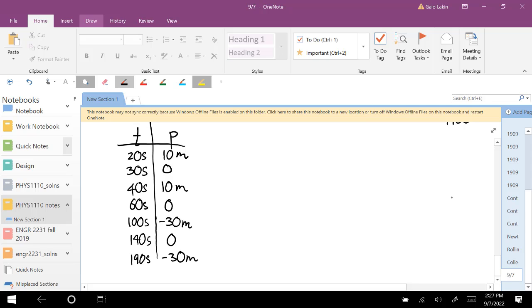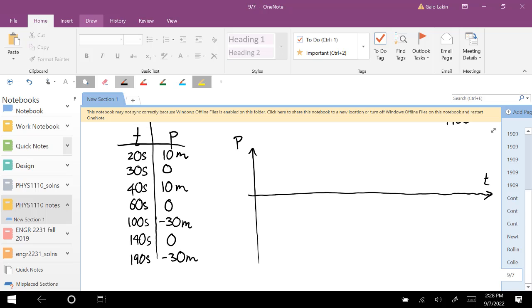All right, so this time, we're still going to just plot out these pairs. Our position is always going to be y, and our time is always going to be on the x-axis. But now we have to plot a different range of values. On the position axis, we're going to have 0, positive 10, and negative 30.